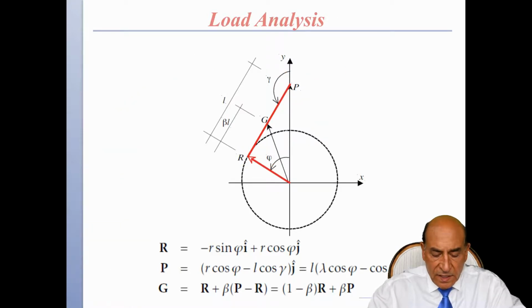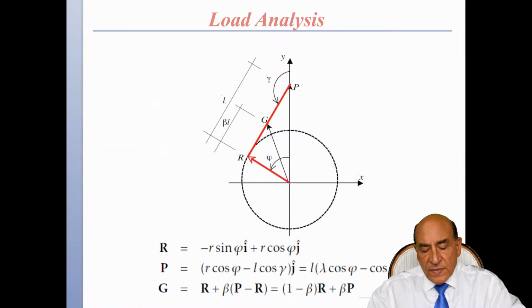So going back to the rod, we have now to describe the connecting rod with vectors. So we have one vector from the origin O to R, and this capital R vector, we have a unit vector along the x direction, which is I, the standard, and the unit vector along the y direction is j.